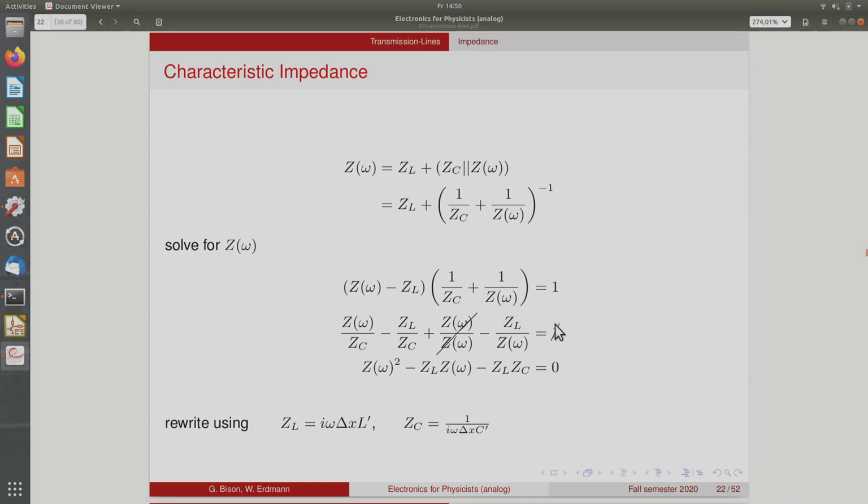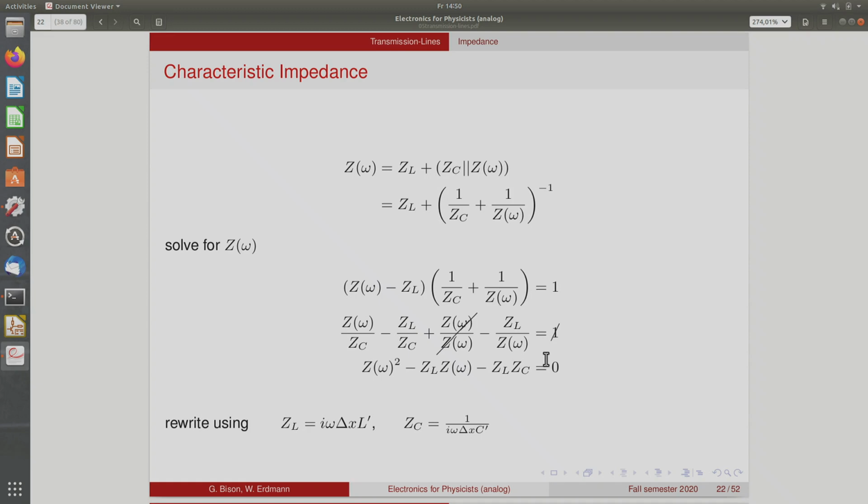So the 1 here cancels with the 1 there, and you multiply with Z again, and then you have this quadratic equation, Z of omega squared minus ZL times ZC, minus ZL times Z, is 0.